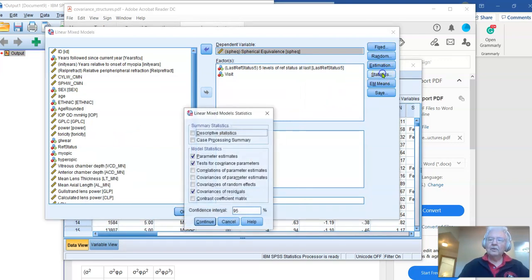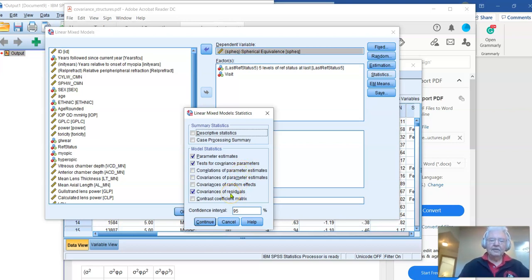Okay, so we're also looking at our statistics. It's fun to look at the parameter estimates because it's like a regression equation, and this will give us information on our refractive error at the beginning, the first visit. That tells us what's happening. Then we can test for the covariance parameters. That just basically says if they're different from 0.